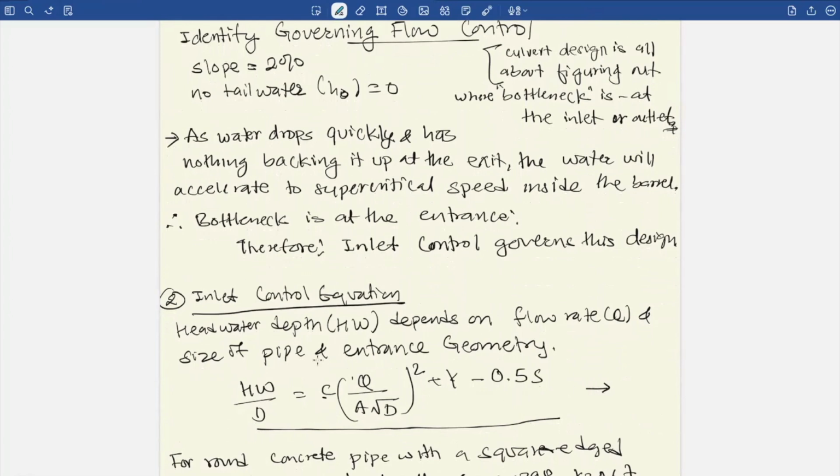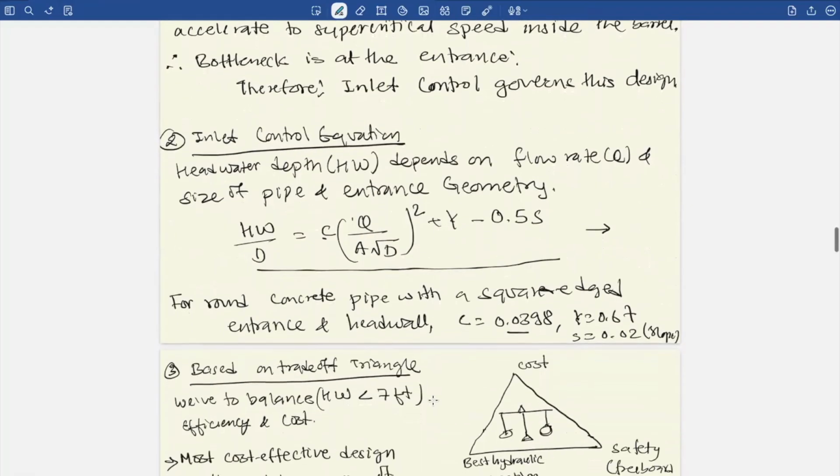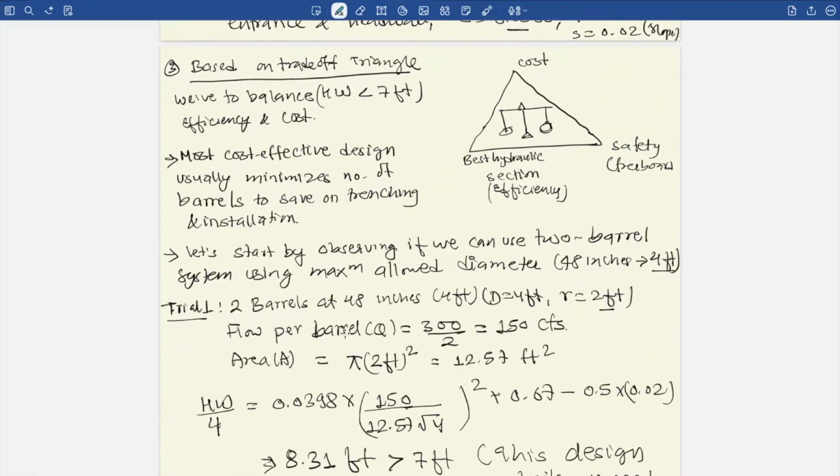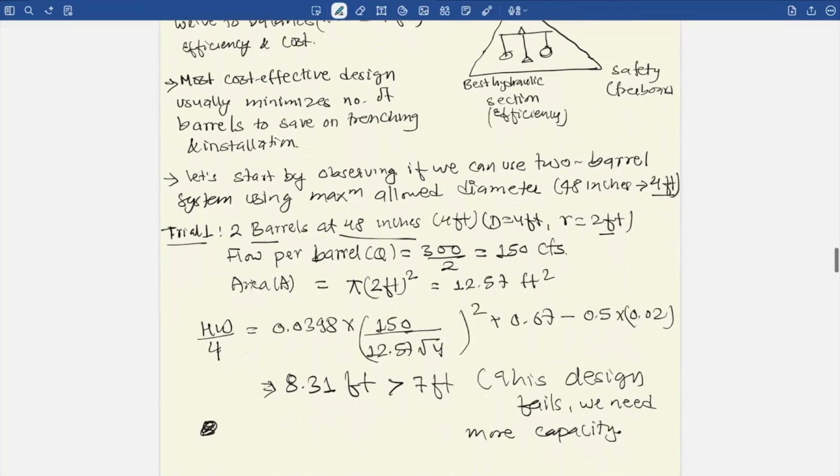So for the first trial, let us take two barrels at 48 inches, that is 4 feet. Our diameter is 4 feet and our radius will be 2 feet. So flow per barrel Q is equal to 150 CFS, and our area will be pi r squared, which gives us 12.57 square feet. So when we rearrange and put the values in the above equation, we will have HW as 8.31.